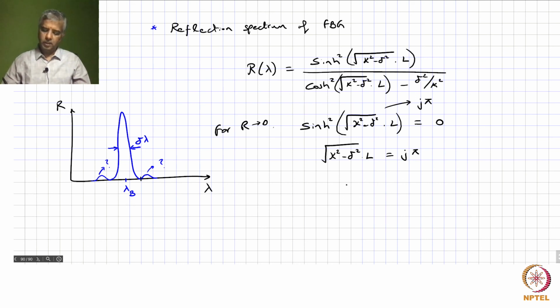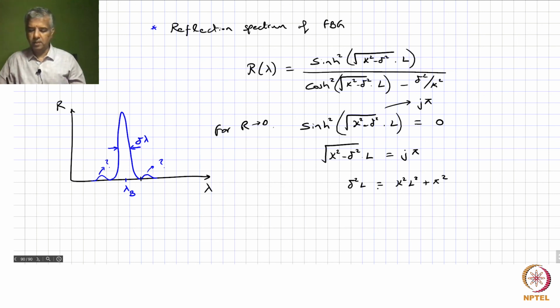So you can write this such that delta square L square equals kappa square L square plus pi square. Okay, you can take this minus pi square to the other side, and you get this expression, and this should be delta square L square.